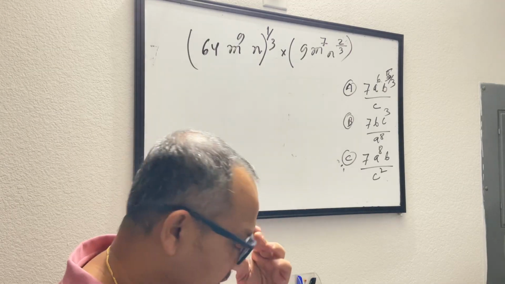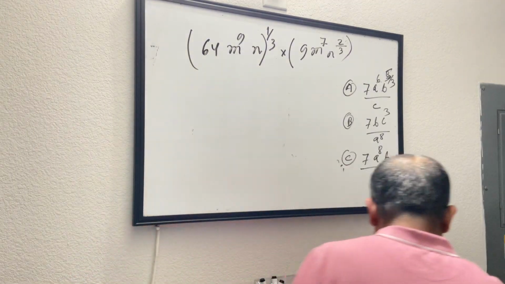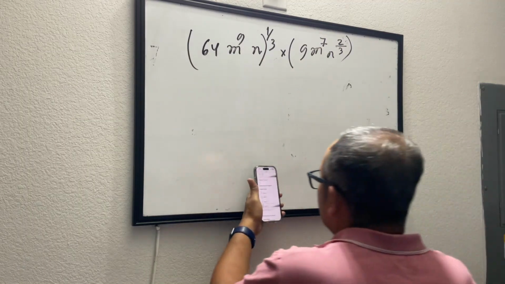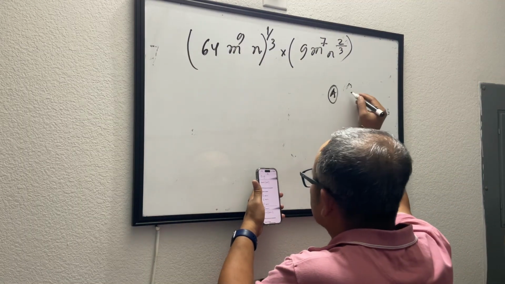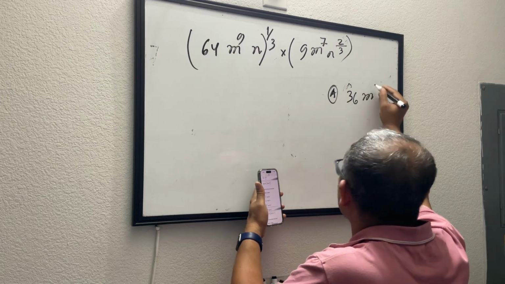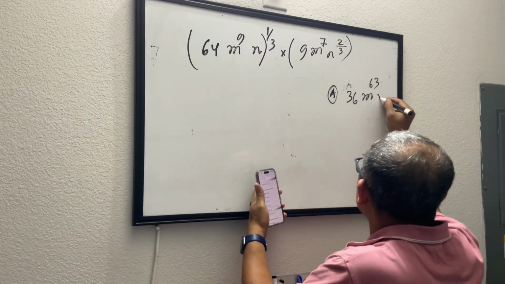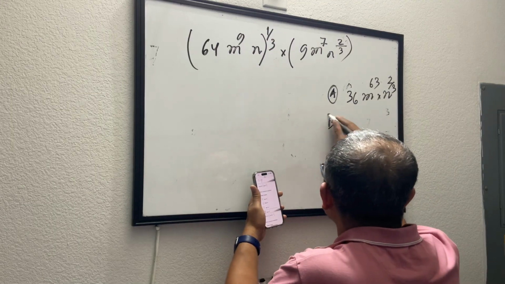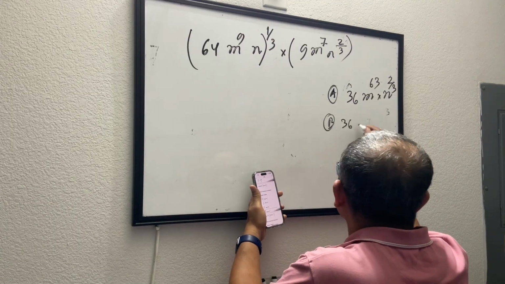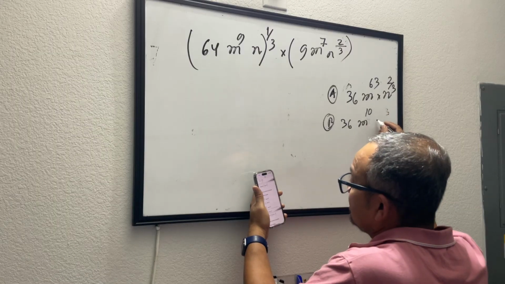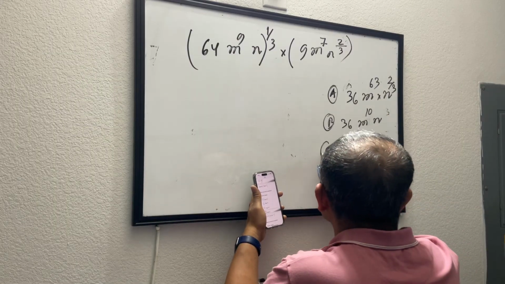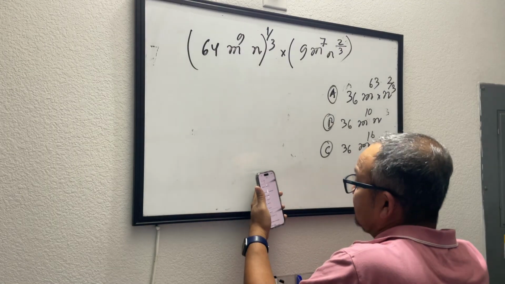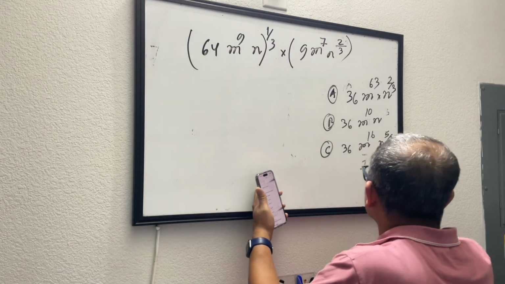Yeah? And here are the options that you guys have. Option A is 36 m to the power 63 n to the power 2 by 3. Option B is 36 m to the power 10 n. Option C is 36 m to the power 16 n to the power 5 over 3.